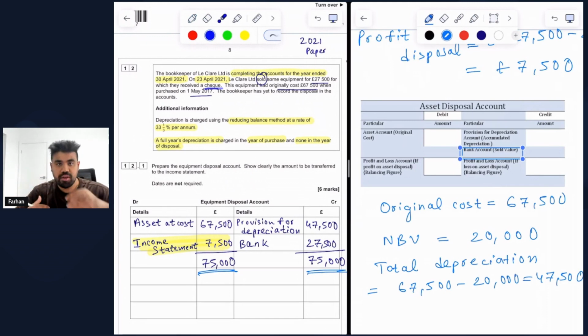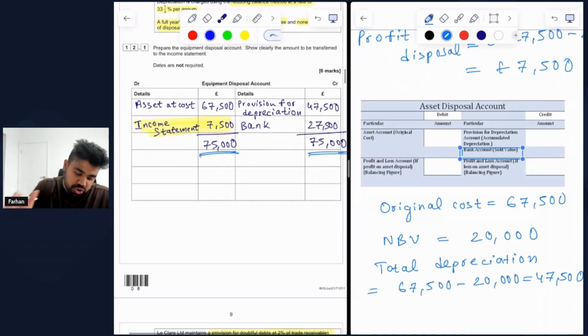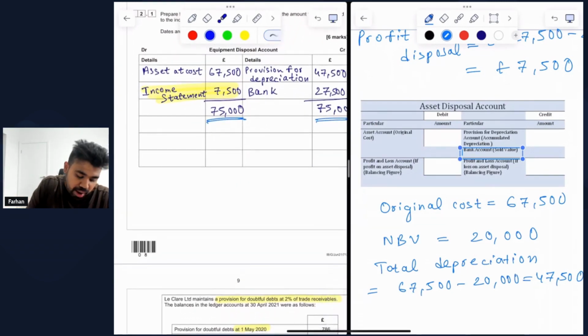So when you're receiving a check, it's referring to receiving funds in the bank account. So bank is an asset, and if your assets go up because you're receiving some money, you have to debit bank. All right. So if we were to journalize that, we would be debiting bank by £27,500.